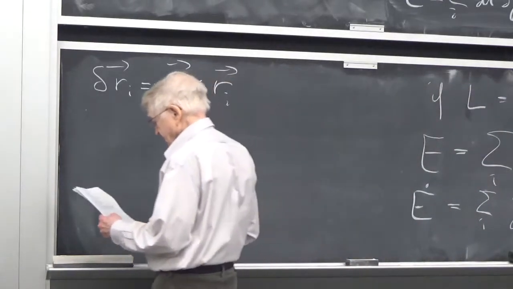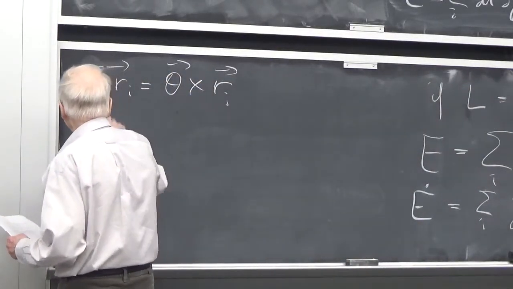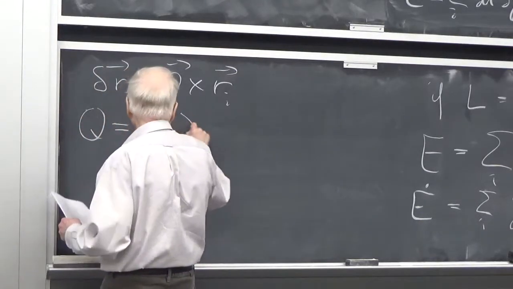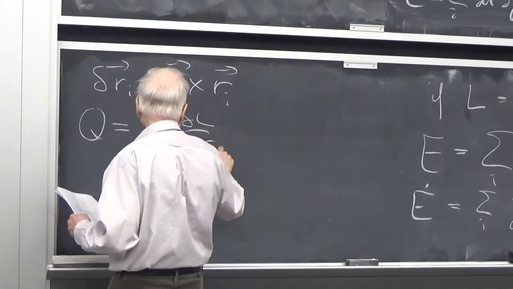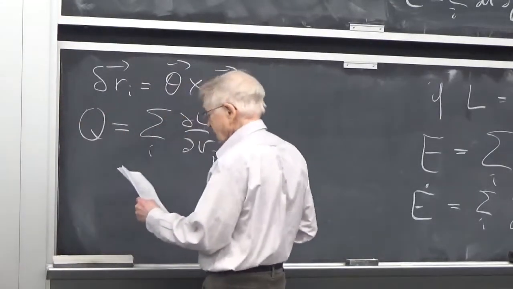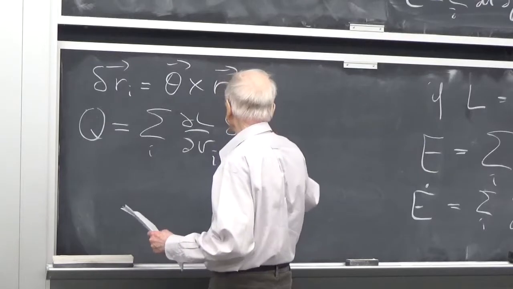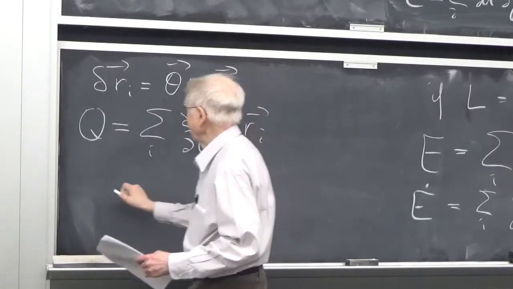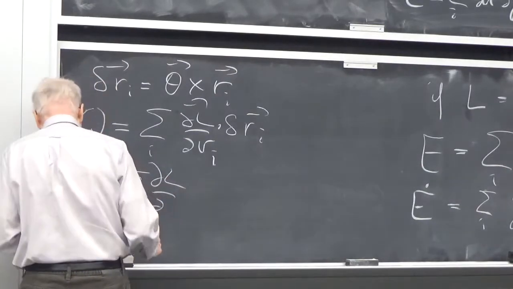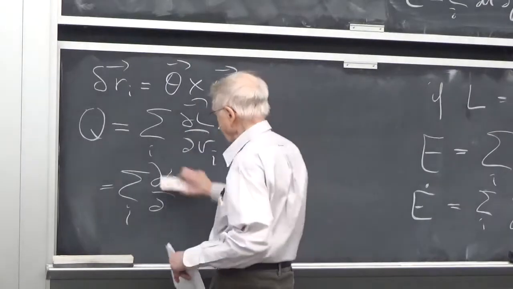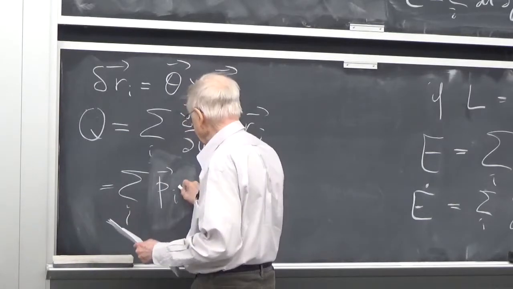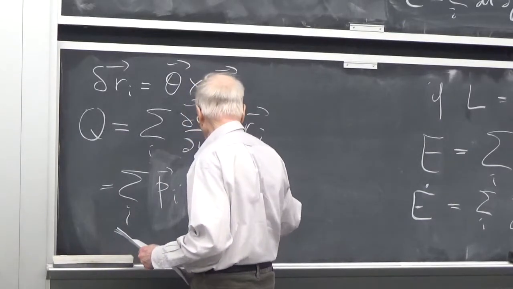And then the thing that's conserved is Q, equal to a sum on i of partial L partial Vi, that's this term, times the change in Ri. And that is then the sum on i of partial L partial, well, let me switch immediately to Pi. This is Pi. And this is theta cross Ri.